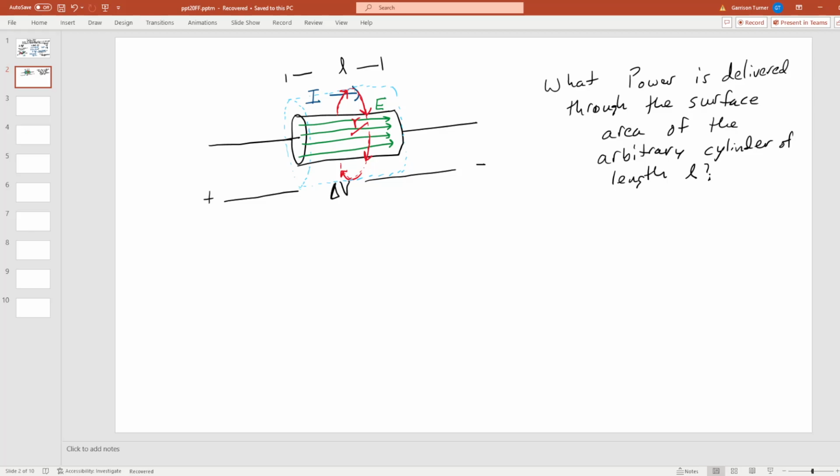This is a bit of a funky way of thinking about it, without getting into the nuances of cylindrical coordinates.